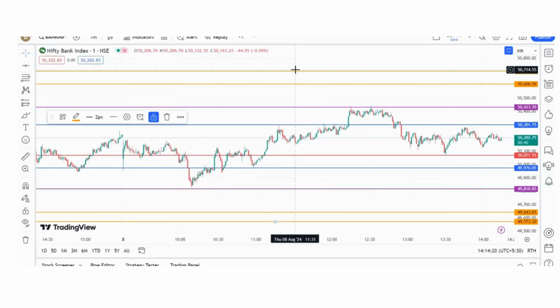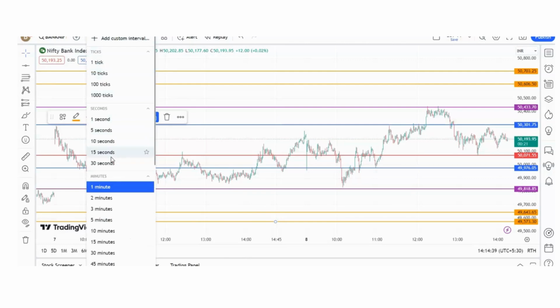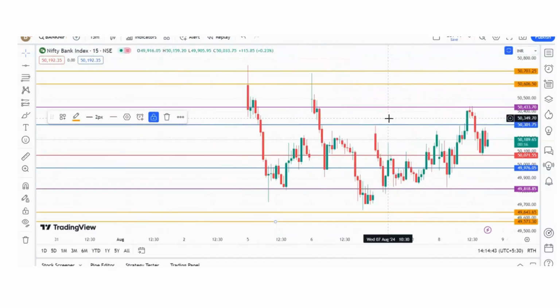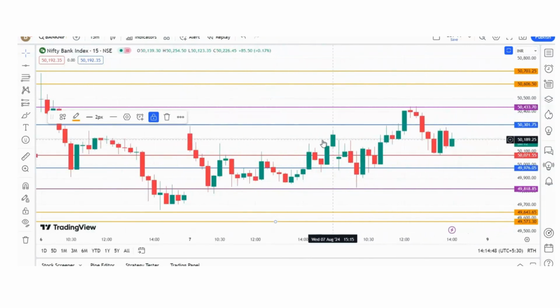So friends, the levels which I showed you were made yesterday, and after making the levels, I drew those lines on the TradingView chart. On the TradingView chart, you can see now I am opening the 1 minute candle, and I'll go to the 15-minute candles. This was the position yesterday on 7th of August, and this is the position today.